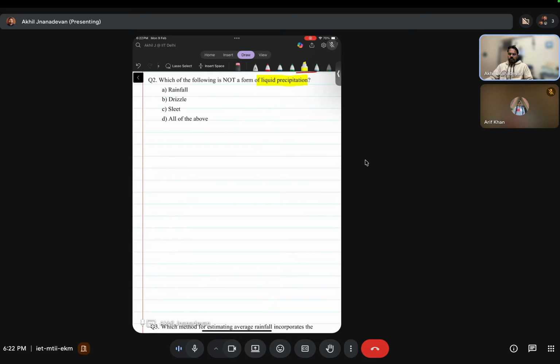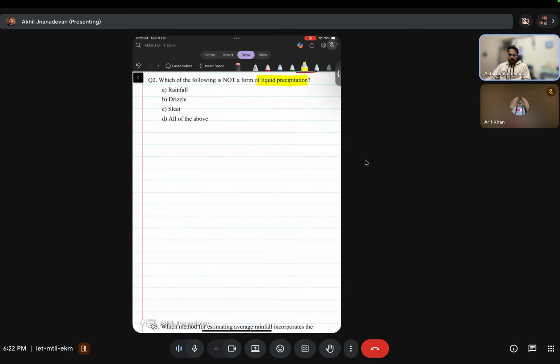You may be confused, but you will be familiar with us using terms like rainfall and precipitation. Somewhere we use precipitation, somewhere we use rainfall. It's nothing but rainfall is the liquid form of precipitation. There are different forms, like solid forms, liquid forms, and very light or very small, minute size droplets.